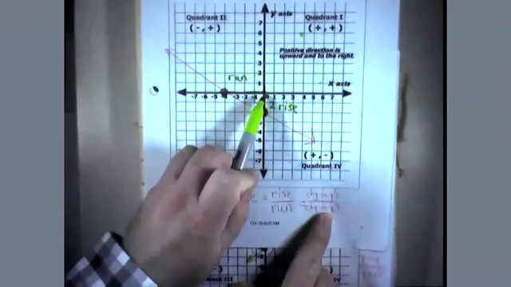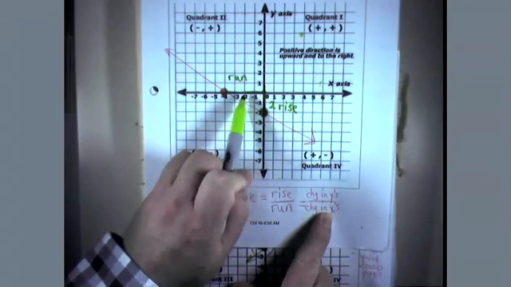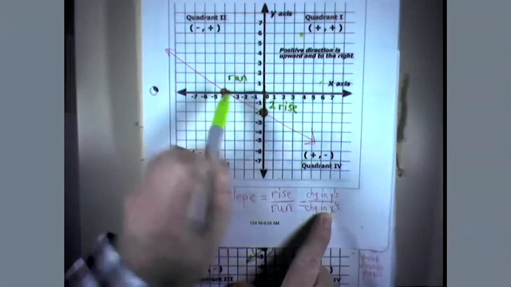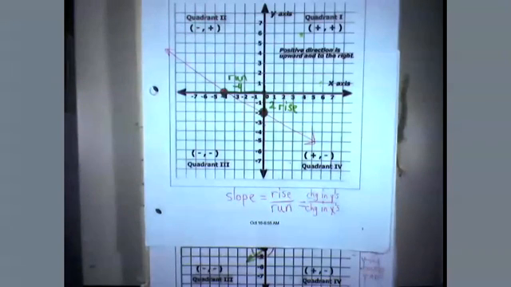And run left means we're going in a negative direction with our x value. So to get to the second ordered pair, we have to go 1, 2, 3, 4. So we went up 2 spots and we went to the left 4 spots.